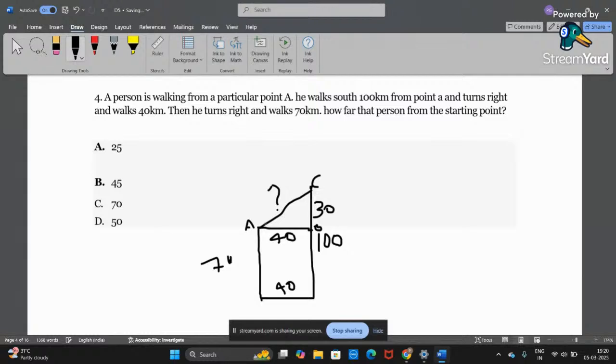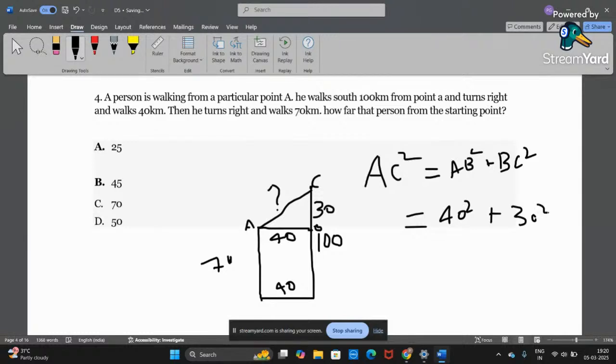We all know the Pythagoras theorem. AC square equals AB square plus BC square, right? So what is your AB here? 40 square. What is your BC? It is 30 square, right? We need to find AC. What is 40 square? Tell the answer, Anup.